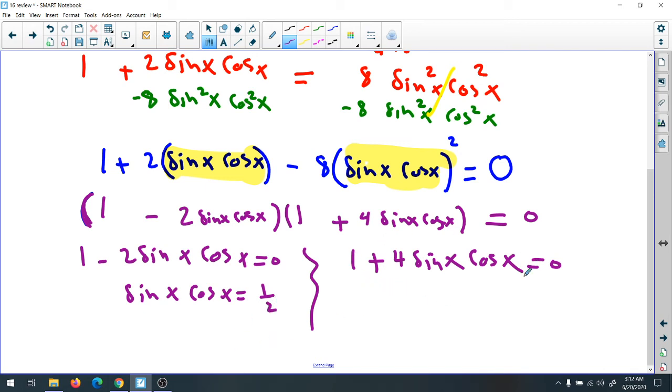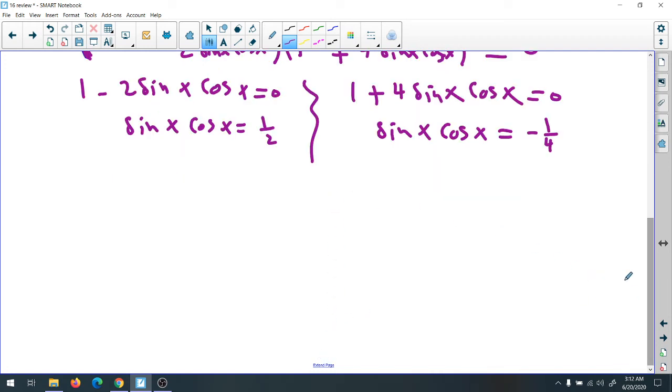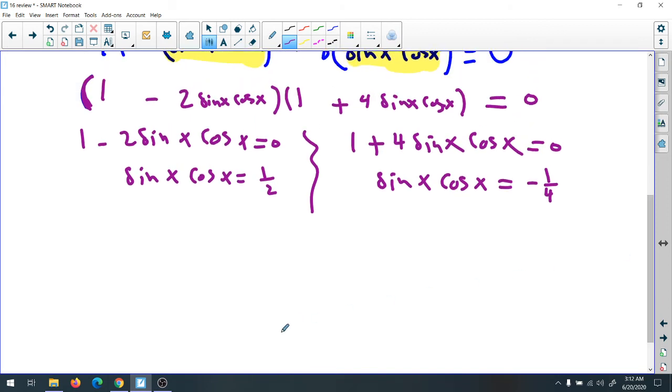And if you subtract 1 here and you divide by 4, then sine x cosine x equals negative 1/4. 2 solutions here. So sine x cosine x equals a half, and sine x cosine x equals -1/4.